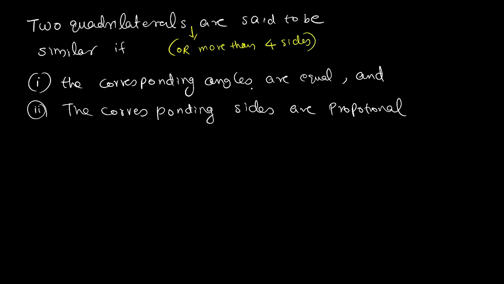In the case of triangles, there is a small thing, I will discuss it later. For a quadrilateral or any polygon having more than 4 sides, if these two conditions are met, they will be similar.